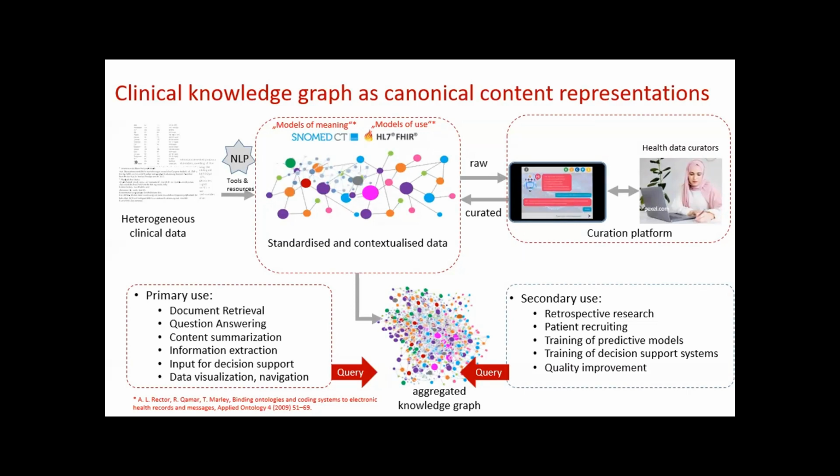That means the contextualization of instances of ontology concepts. And this difference between models of meaning and models of use, or these two expressions, date back to a paper by Rector, written, I think, 15 years ago.